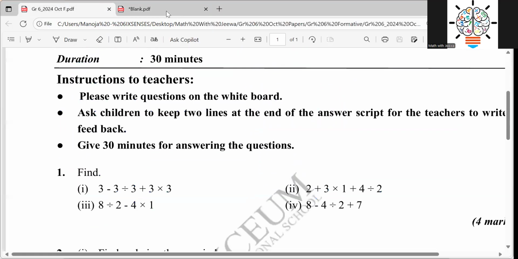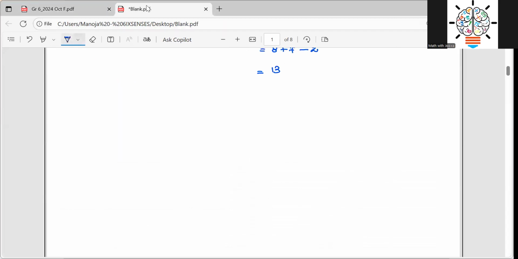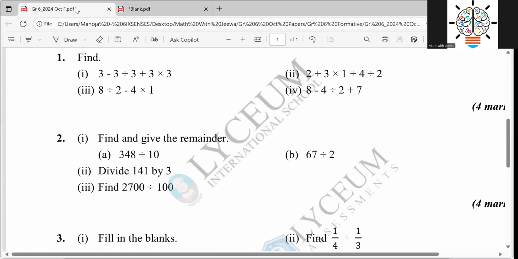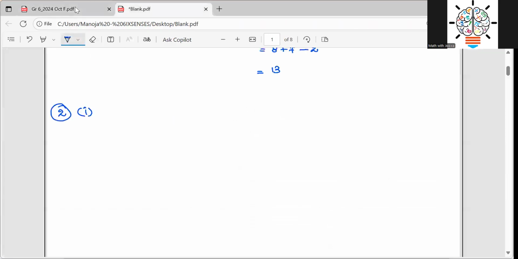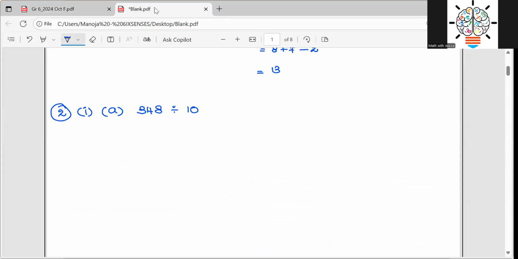So then we will move to question number 2. In question number 2, Roman number 1, you want to find and give the remainder. Now here I put question number 2, and there I have Roman number 1, and then A, 348 divided by 10, right? I just write this as a fraction because it's easier for me to do this.